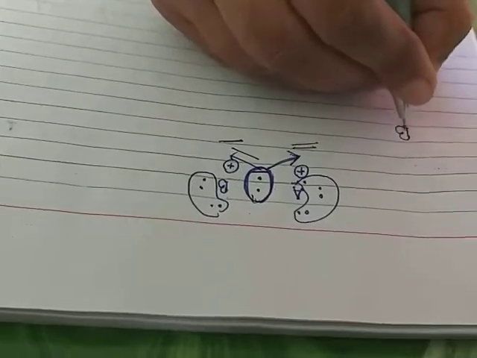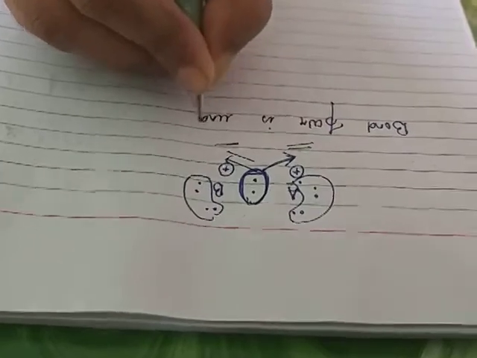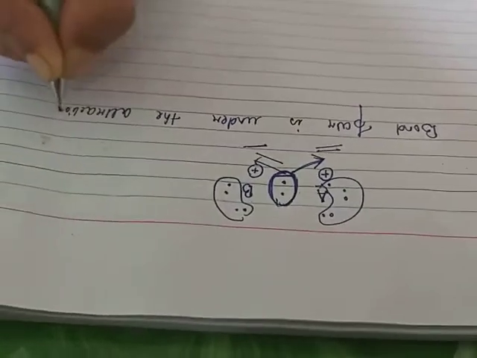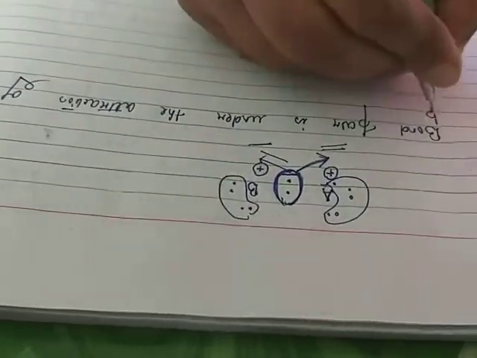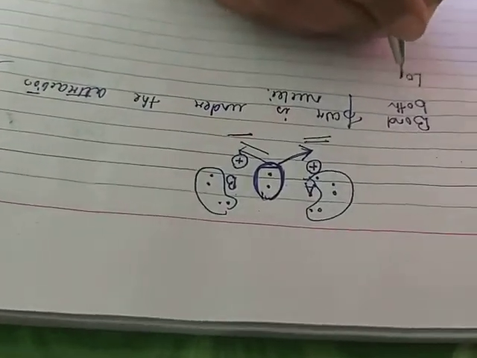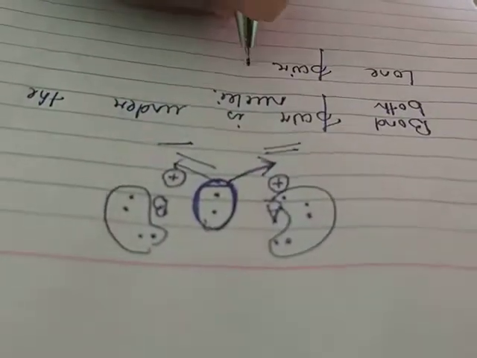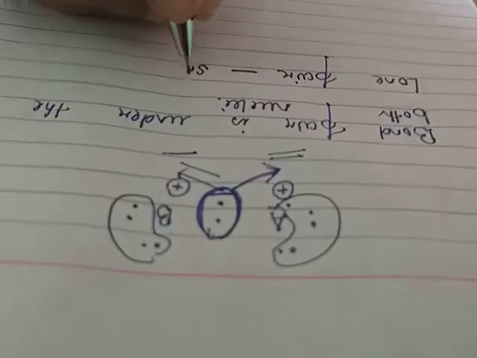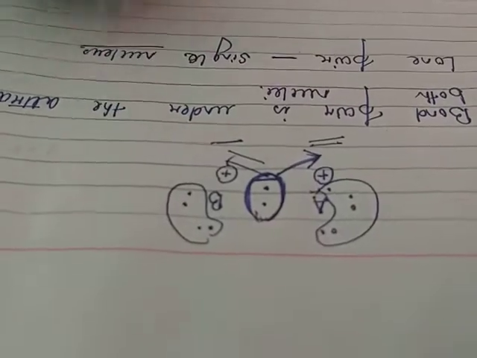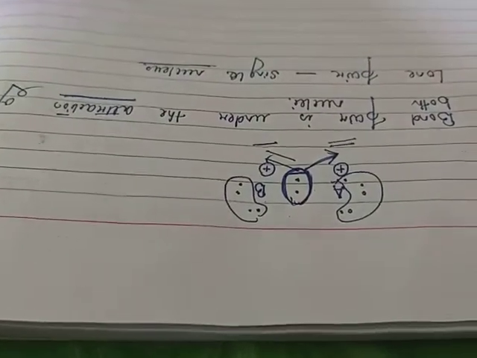That means the bond pair is under the attraction of both nuclei, while the lone pair is the sole property of either A or B. So the lone pair is under the influence of a single nucleus. Since attraction is greater, it's obvious that repulsion would be less and stability would be more.